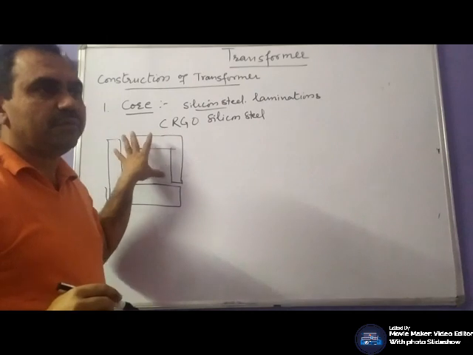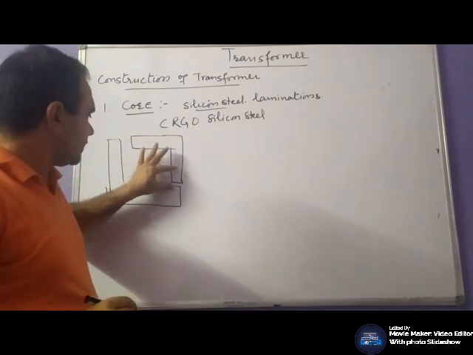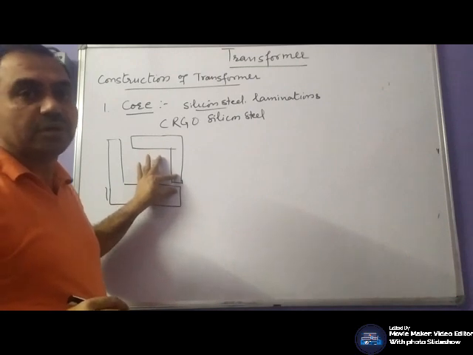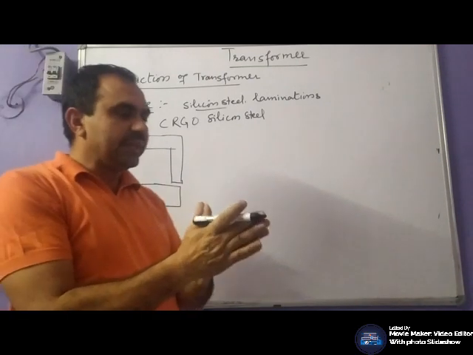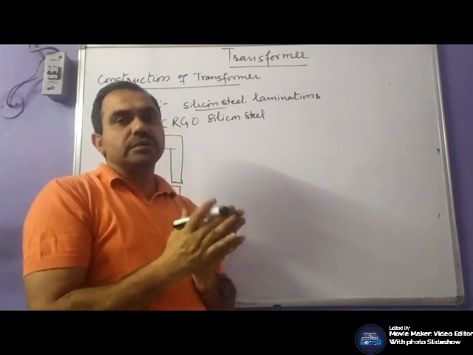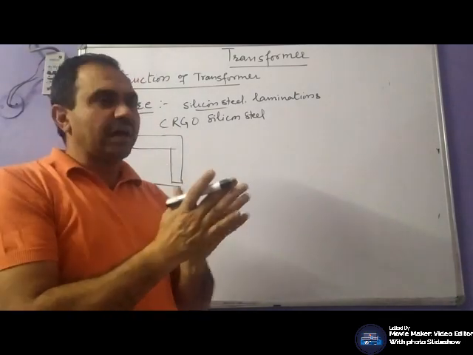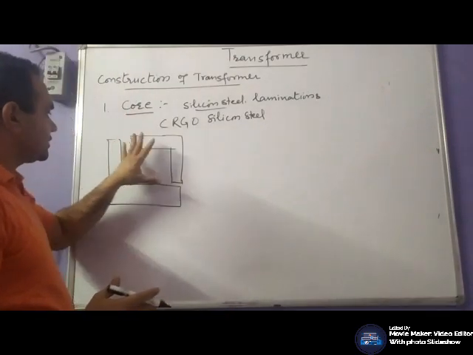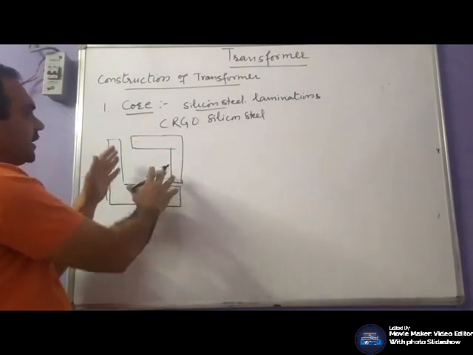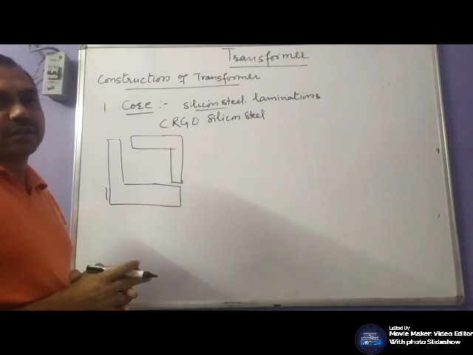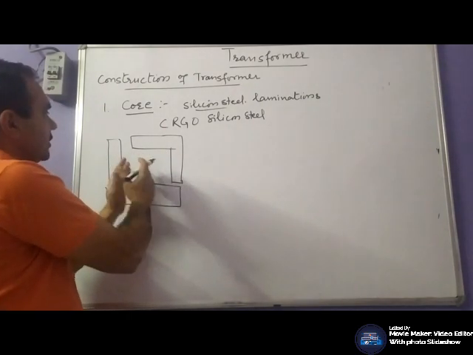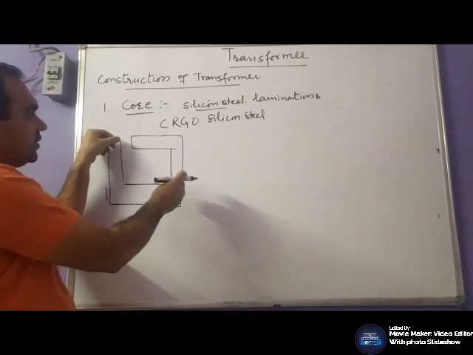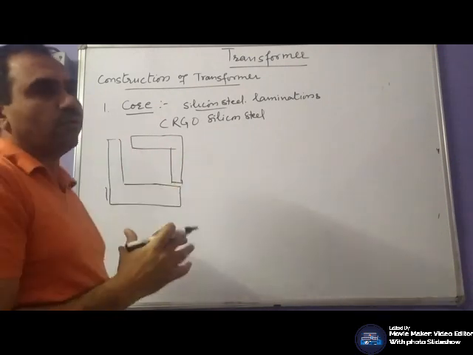So they will be placed alternately, so that the air gap between these laminations should be minimum, and these laminations are insulated by a certain varnish or oxide layer, and they are placed alternately one above the other, so that the air gap would be minimum, and they are staggered in such a way, or butted together, to form a core shape.